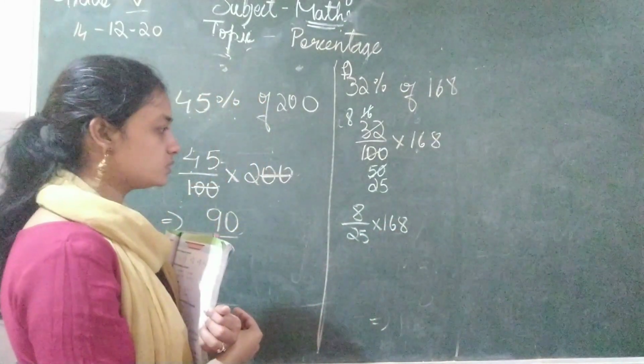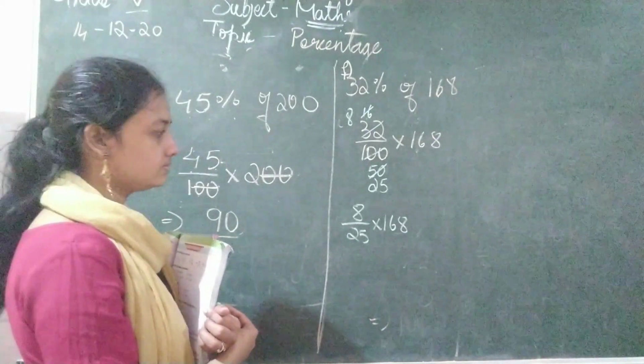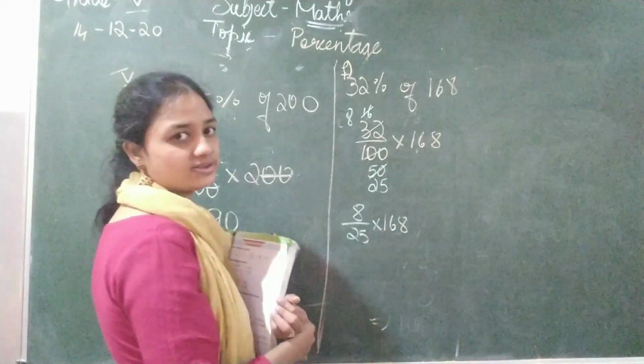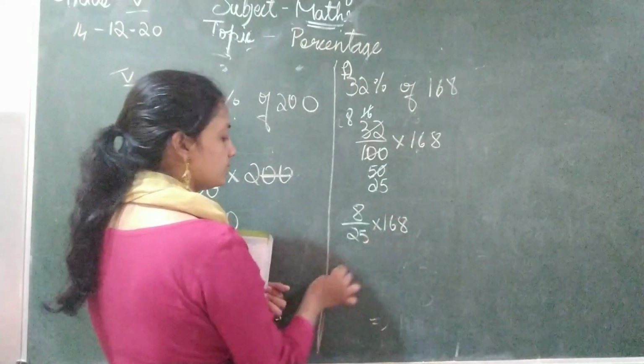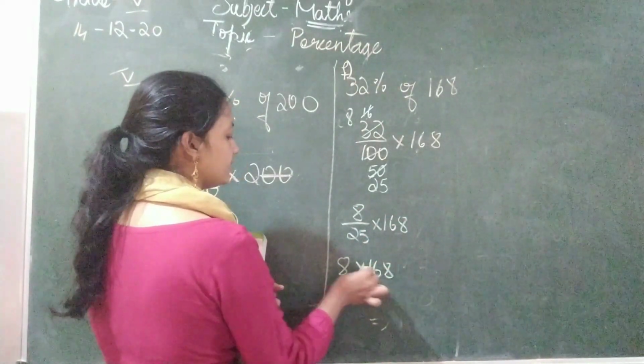Now what will I do? I can't cancel 8 and 25. Similarly, I can't cancel 25 and 168 also. So what I do is I multiply these two numbers, 8 into 168. What do you get?